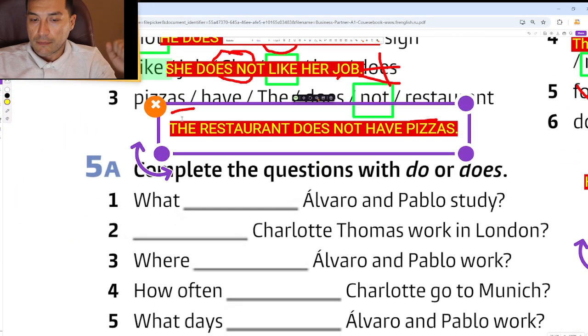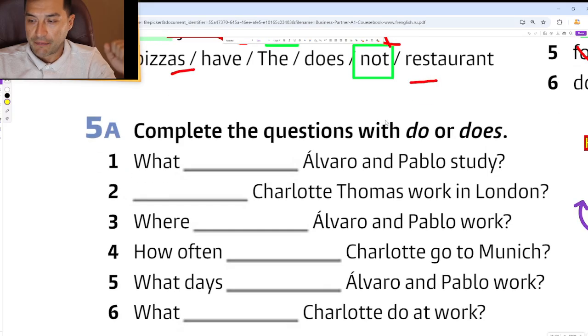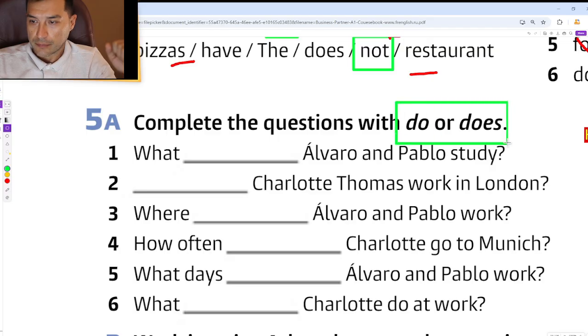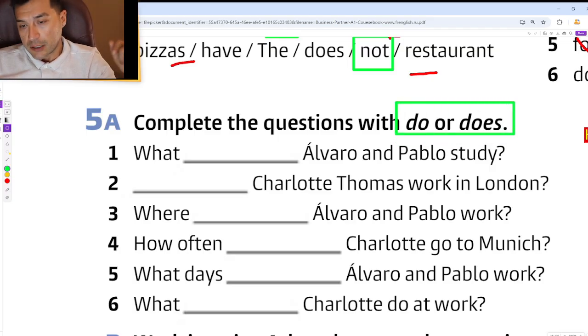Now, for the next exercise, exercise 5, let's practice. Complete the questions with do or does. Remember, does is for third person.